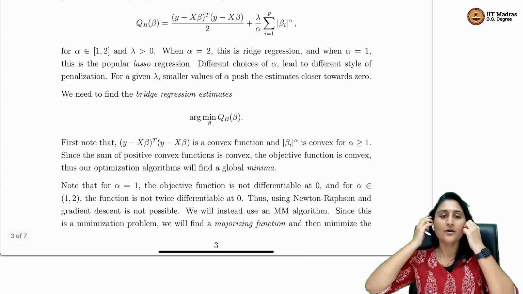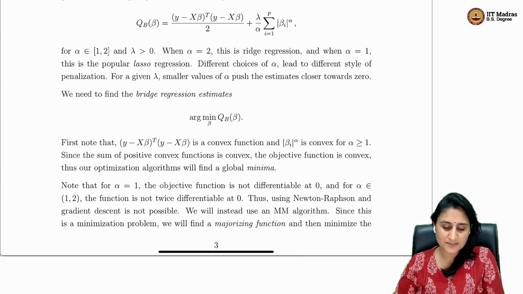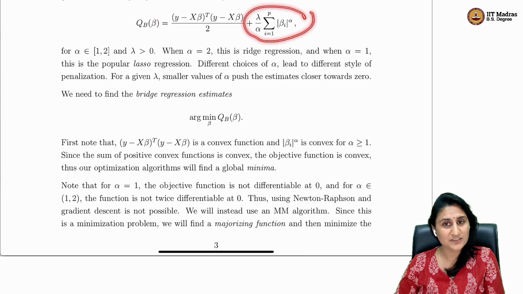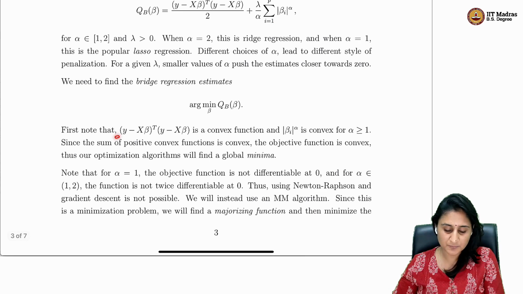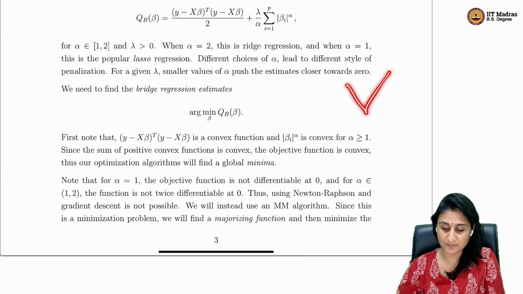Now, immediately what you notice is that if I want to minimize this function, I have this part which is easy to deal with, right? It's a quadratic. This part is not so easy to deal with because of the absolute value. So (y minus X beta) transpose (y minus X beta) is a convex function and it's well behaved. The second function, the penalty, is not well behaved in the sense that it is not differentiable, but it is convex for alpha greater than or equal to 1. For example, the absolute value looks something like this.